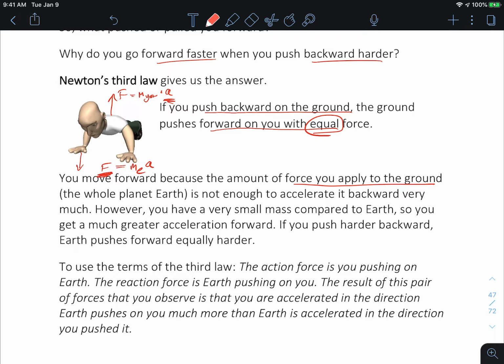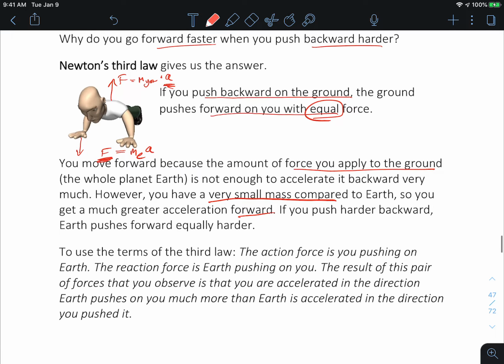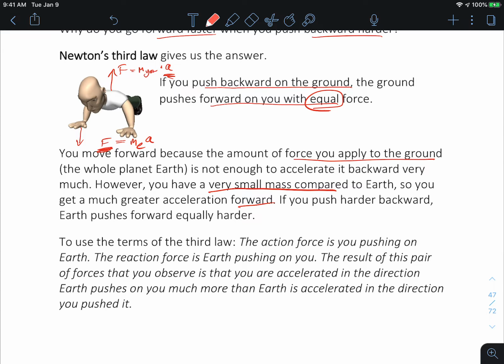However, you have a very small mass compared to the Earth, so you get a much greater acceleration forward. If you push harder backwards, the Earth pushes forward equally hard, and you'll accelerate. We'll use an example in a second. So to use the terms of the third law, this is still running.